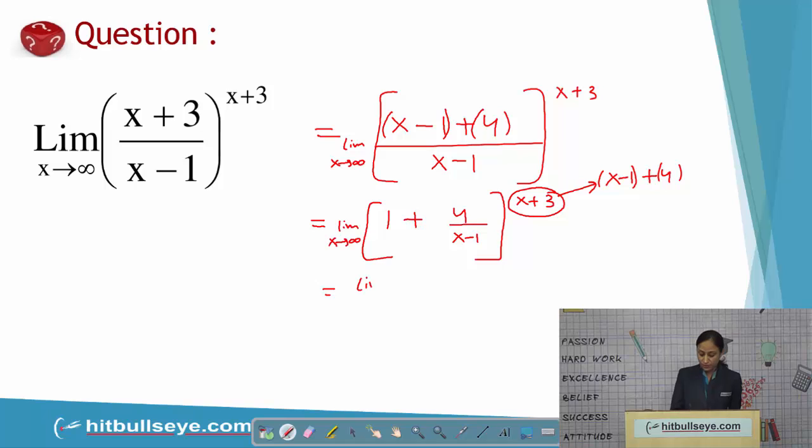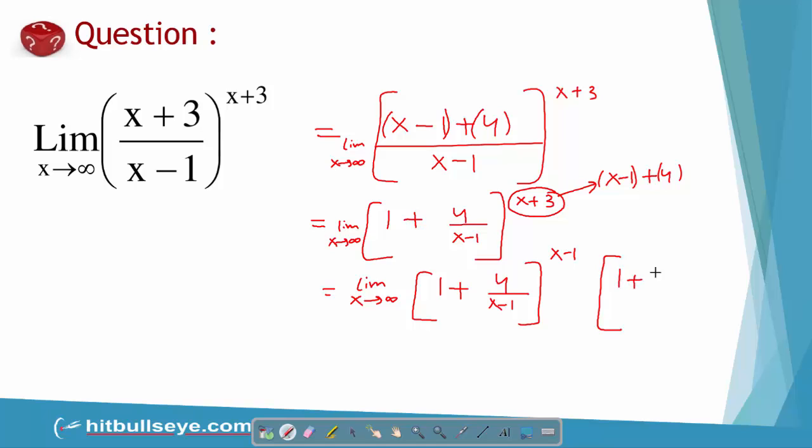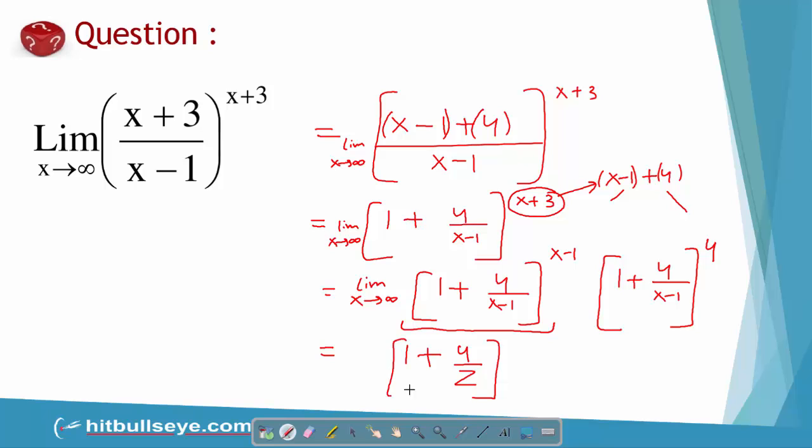So we will have limit x approaches infinity (1 plus 4 by x minus 1) raised to power x minus 1, and the other one will be (1 plus 4 by x minus 1) raised to the remaining part, which is 4. So we have split the two parts here. Now this one, if I put x minus 1 as z, this is what is happening here.